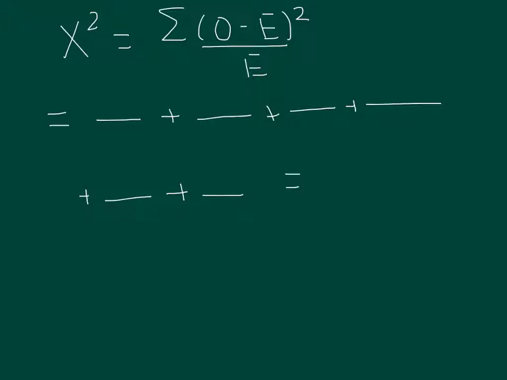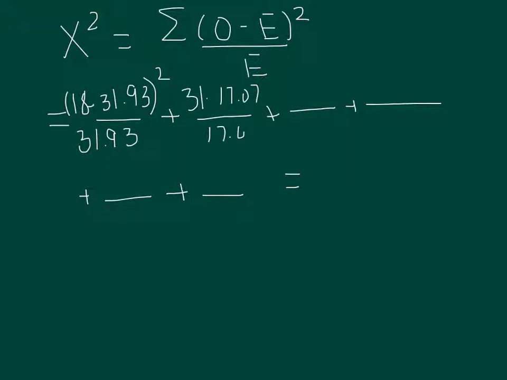If we start out in the very first top box, that's going to be 18 minus 31.93. We're going to square that and divide by the expected, which are your E's. That's the second number in the problem. Similarly, you can go 31 minus 17.07, divide by 17.07.